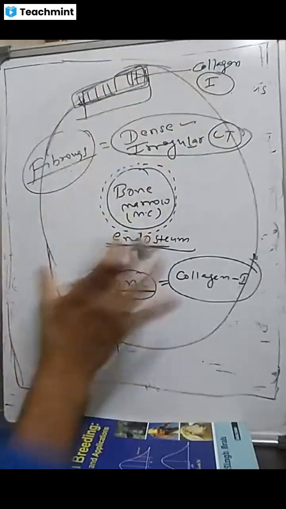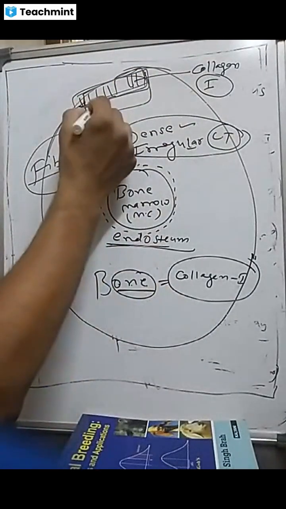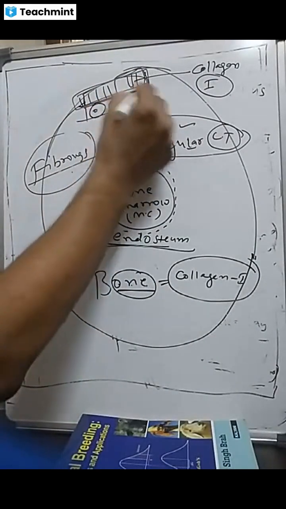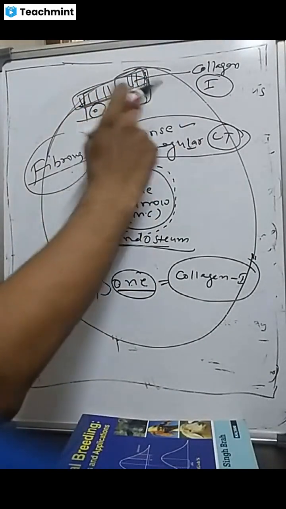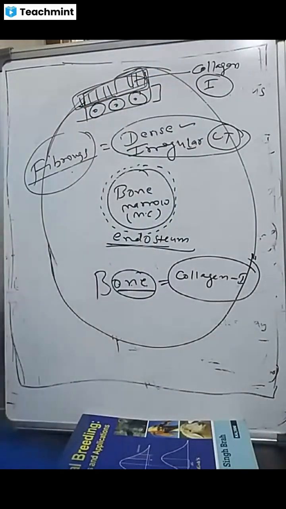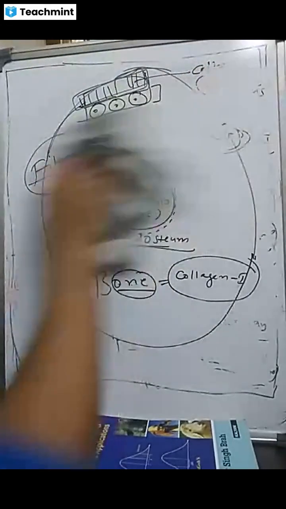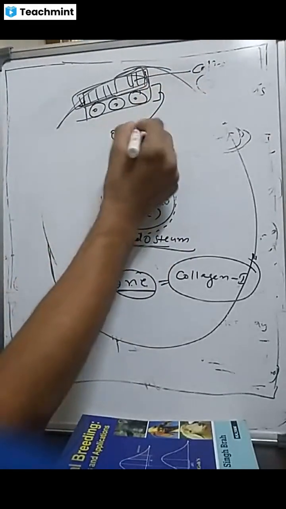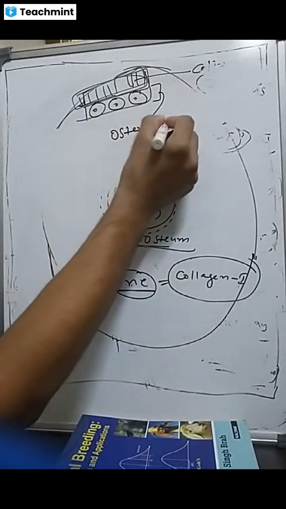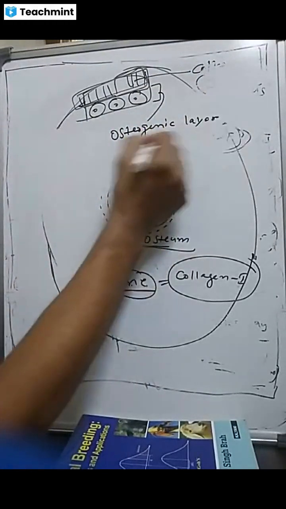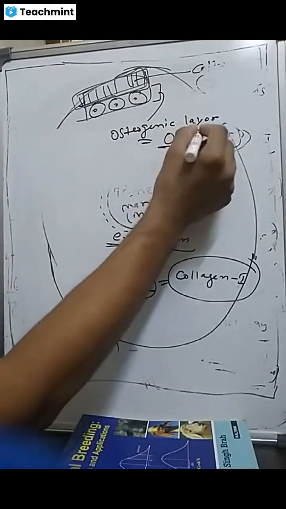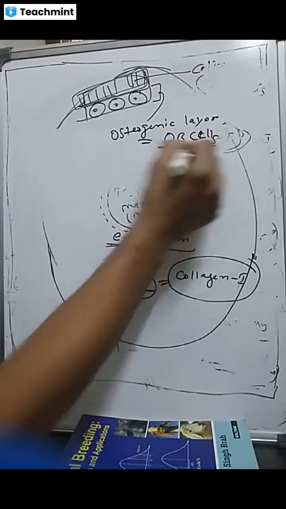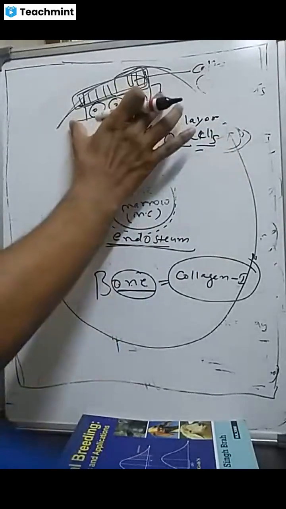Now if we go inside to the second layer, this is known as the osteogenic layer. It has osteoblast cells or precursor cells.